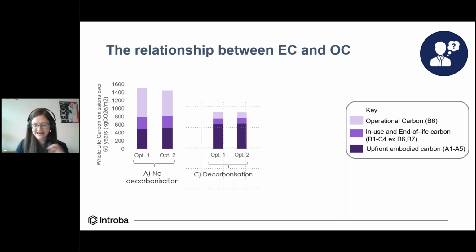You can see here, if we assume no grid decarbonisation over 60 years, then it's about 50-50. And if we include grid decarbonisation, then we have our embodied carbon. I don't think they're quite scaled right, sorry, but our operational carbon really reduces.